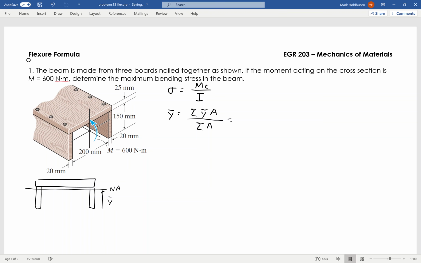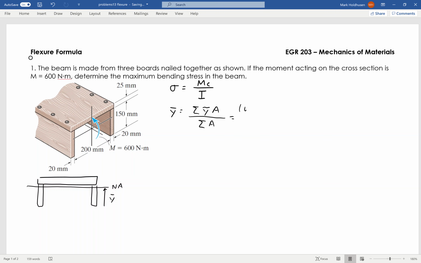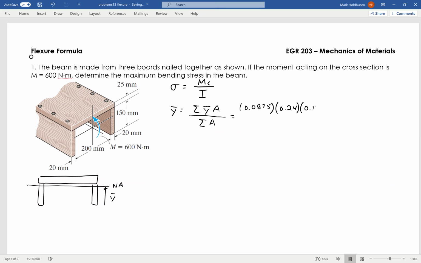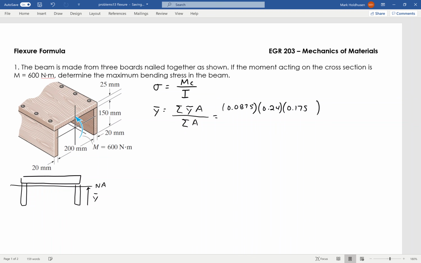So for that outer rectangle, the centroid is going to be half of 175, because it's 150 plus 225. So that's going to be 0.0875. Again, I'm going to do everything in meters. And that's going to be 0.24 times 0.175. That's going to be the outer.